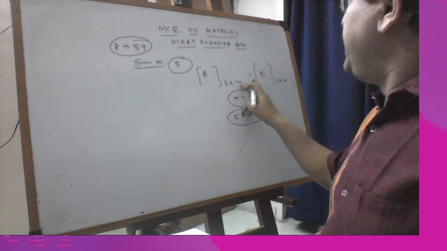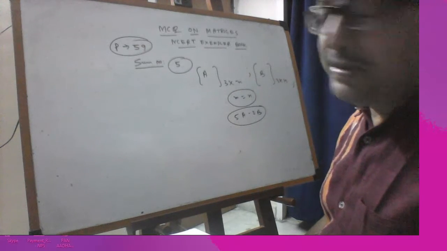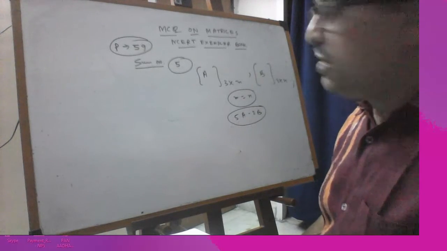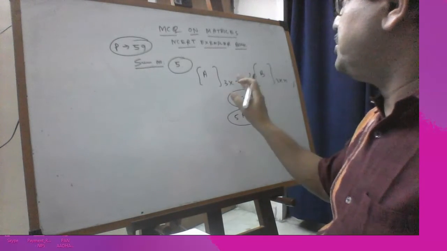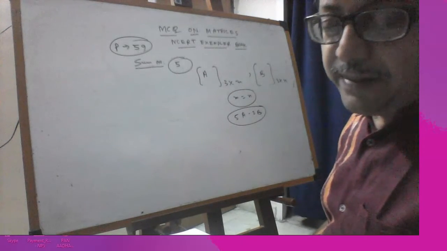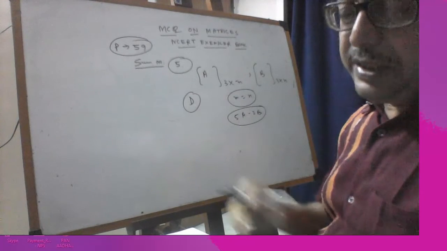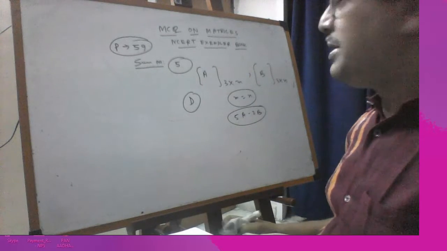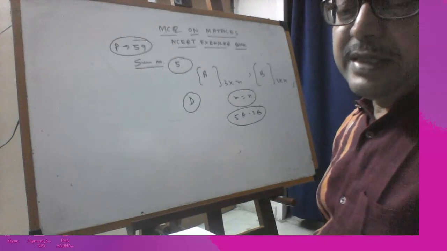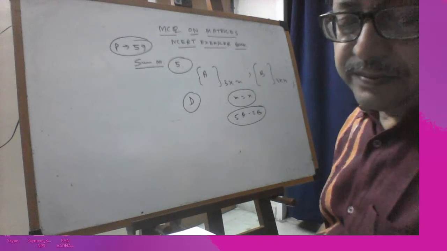So M equal to N means we can add A and B, or we can subtract A and B, or we can perform an operation like 5A minus 2B, which they have asked. So 5A minus 2B is going to preserve the order of these two matrices. It will be of order 3 cross M or 3 cross N only. So it is going to be option D here. The order will remain the same. A and B are of the same order, so 5A minus 2B also has the same order as that of A or B. So it is going to be 3 cross N because M is equal to N.